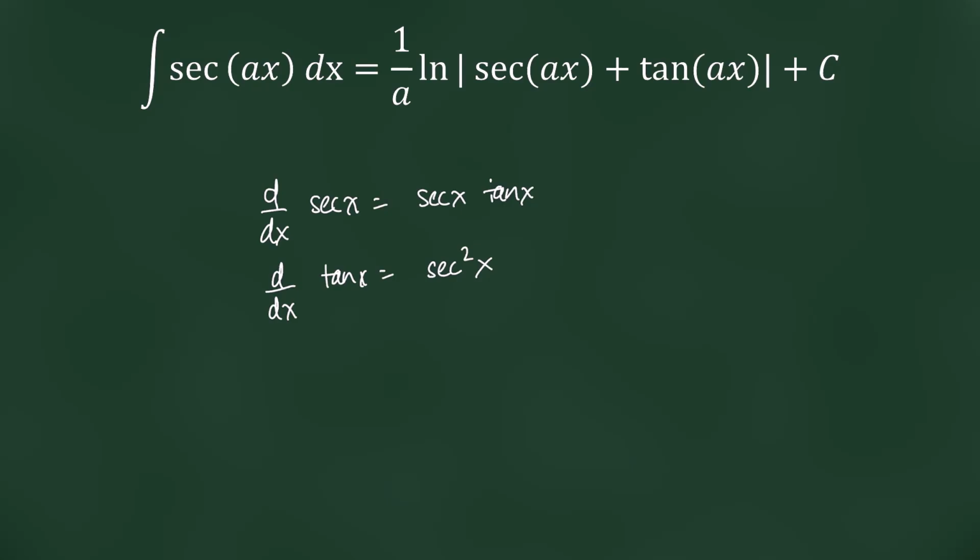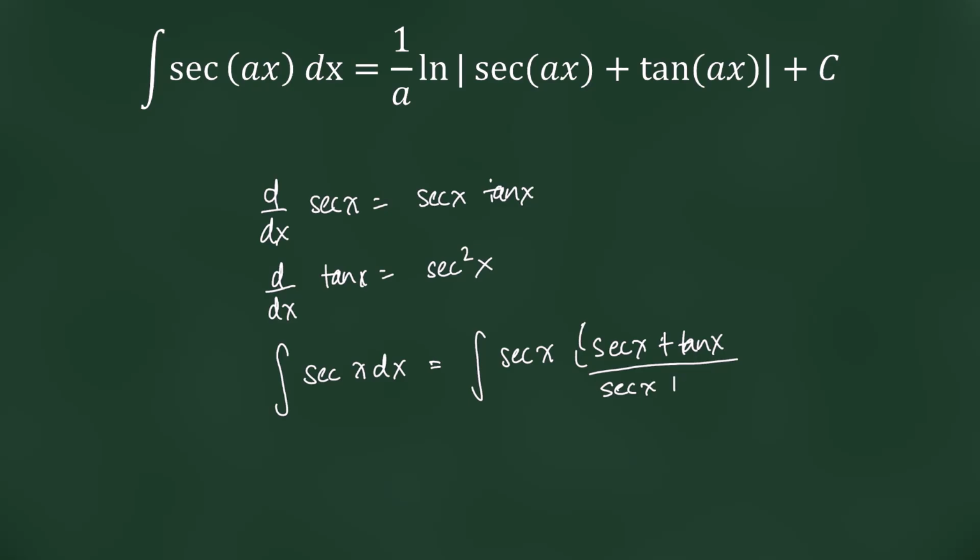Now, it might not be immediately obvious how that's helpful, but if we look at the antiderivative of secant x dx, what we're going to do is multiply our integrand by a form of 1, and we're going to choose that form of 1 to be secant of x plus tangent of x over secant of x plus tangent of x.